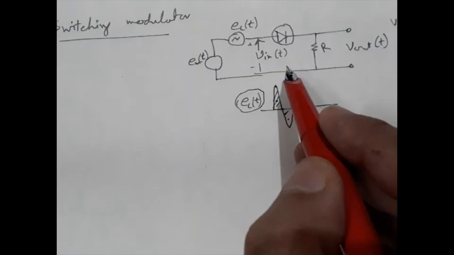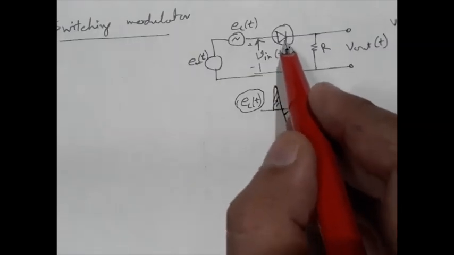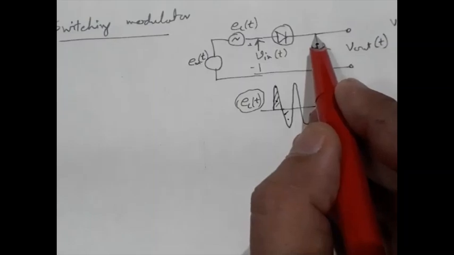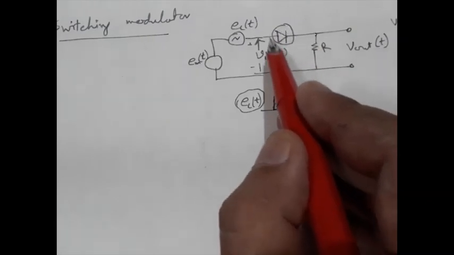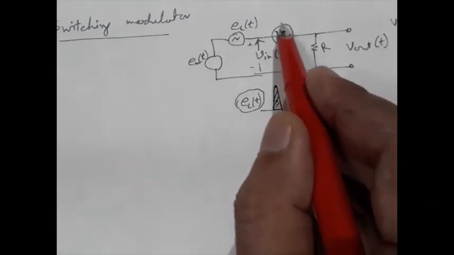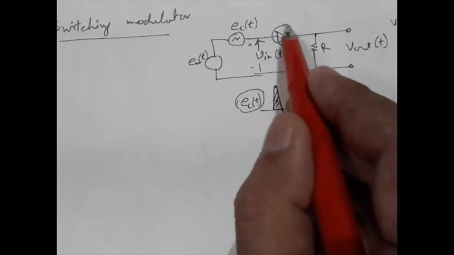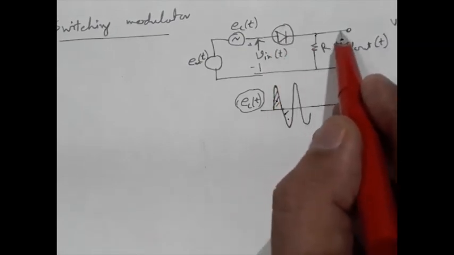Now when the diode is switched on, these two voltages will appear here, and when the diode is switched off, this diode will be just cut off. That means it is open, so the output voltage will be 0.